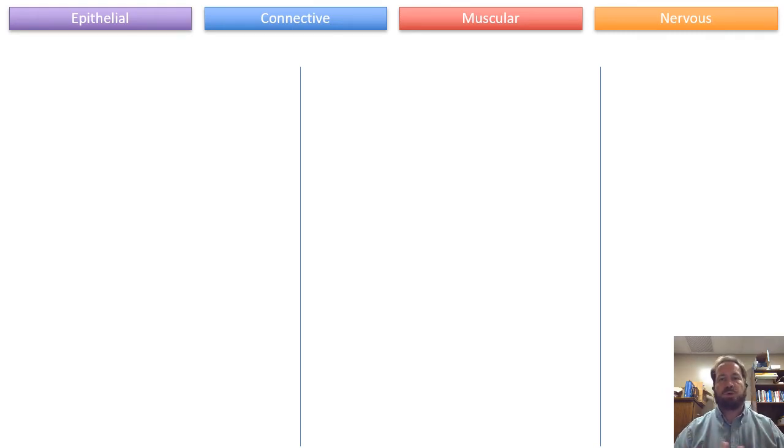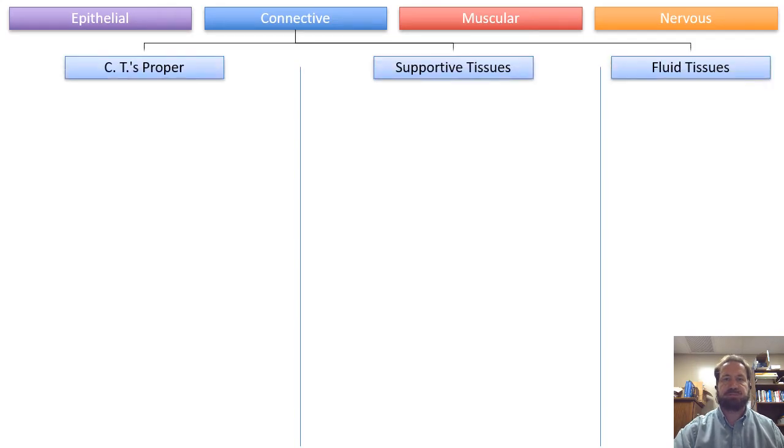So what I'm going to do, the best way to introduce the connective tissues is to just introduce them. I'm going to walk through the categories of connective tissues and then ultimately introduce you to all 12 of the connective tissues that we're going to learn in this class. Okay, so as you know, anatomists love to categorize things.